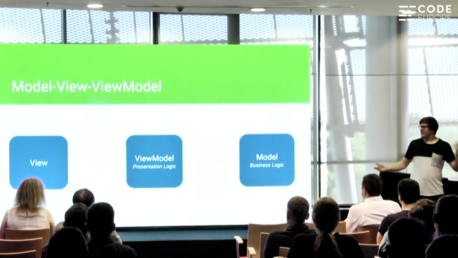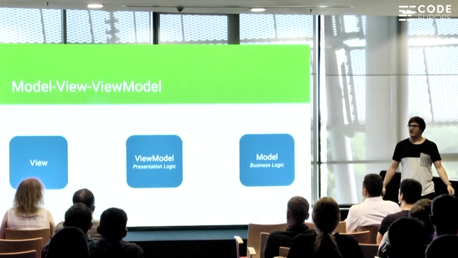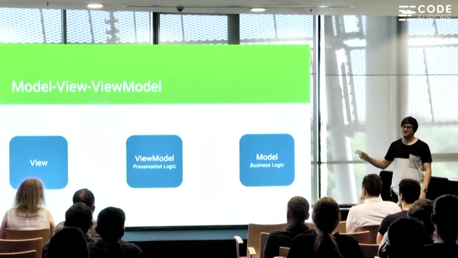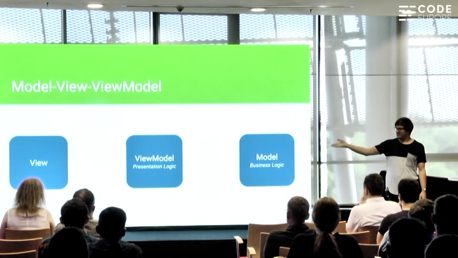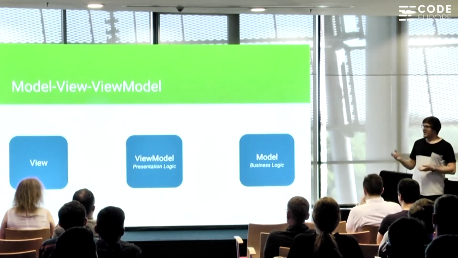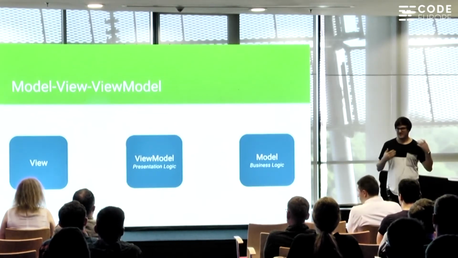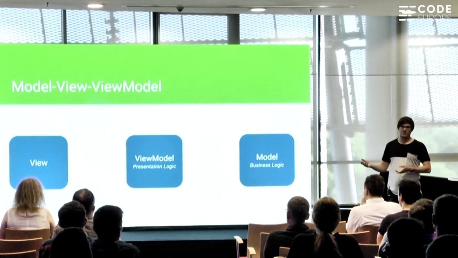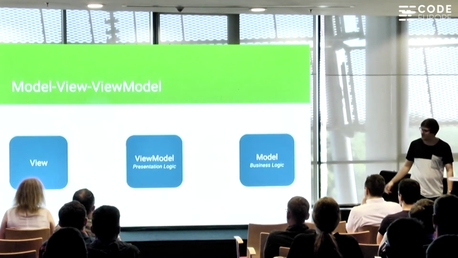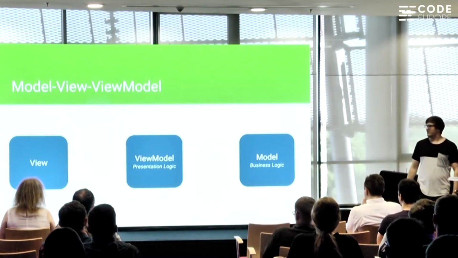So now let's talk about Model-View-ViewModel architecture. First, we'll take a look at those three components. So first, the view. The view is basically our user interface, our layout. In Android, this usually means an activity, fragment, or view holder with a corresponding inflated XML layout. The model is our business logic layer.